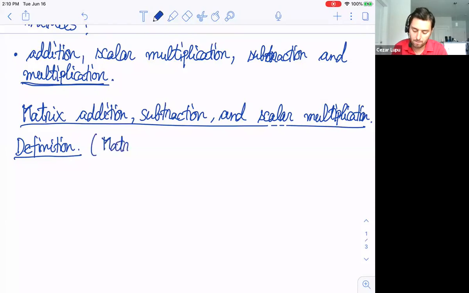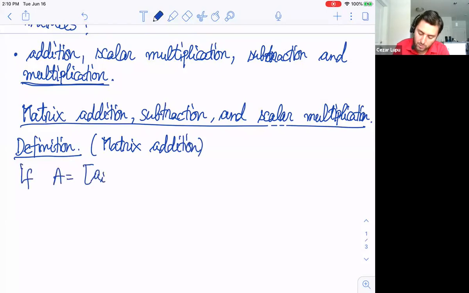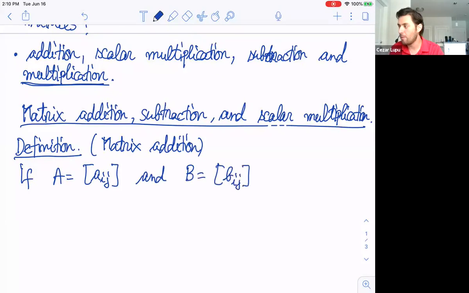Matrix addition. If I have a matrix A and the entries of this matrix are Aij, and B is another matrix and the entries are Bij, our matrices are of size, and this is very important, m by n.